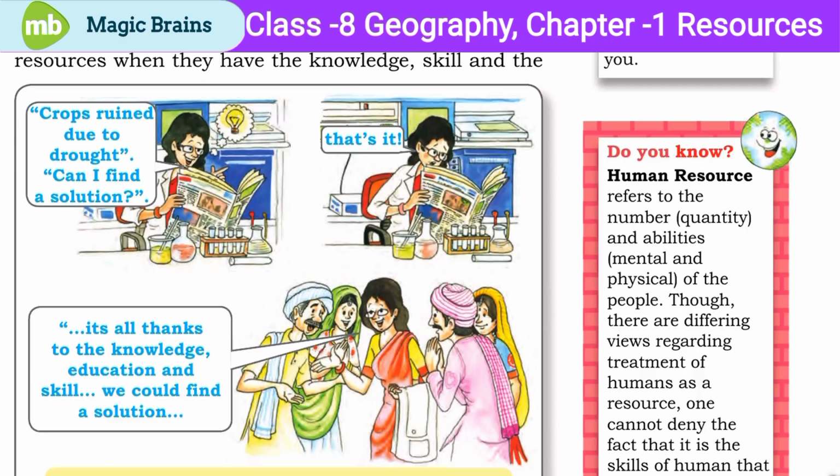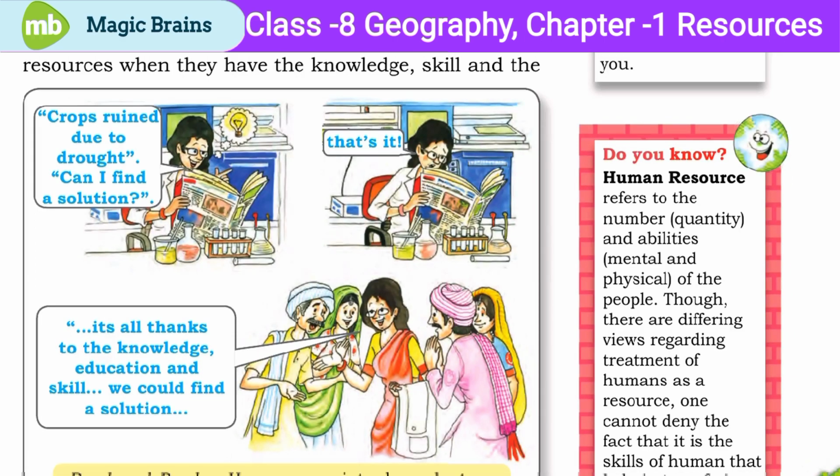There is a diagram given here on page number 3. In the diagram, there is a lady scientist reading the newspaper, and she reads, crops are ruined due to drought. Can I find a solution? In the next part of the diagram, she finds the solution and says, that's it.